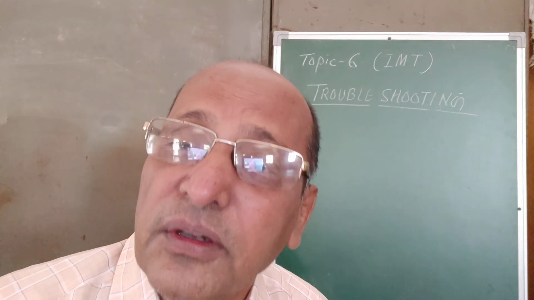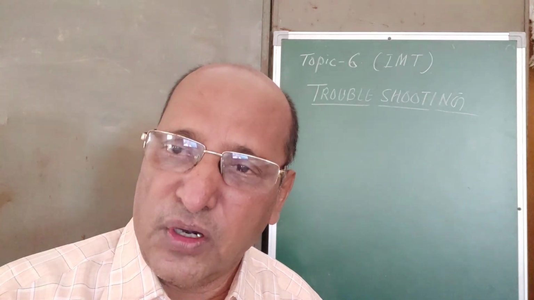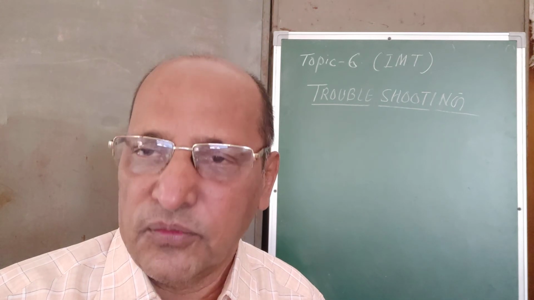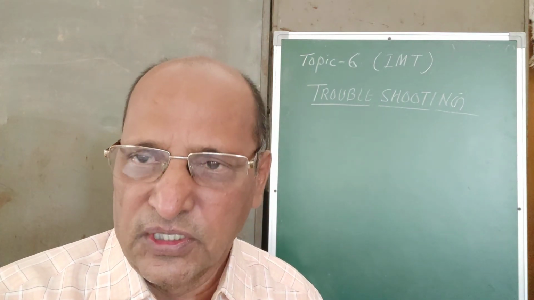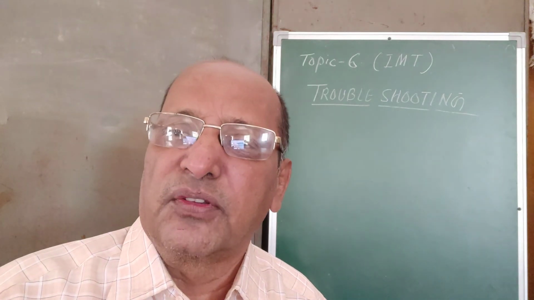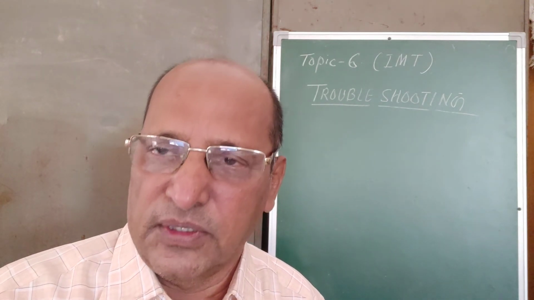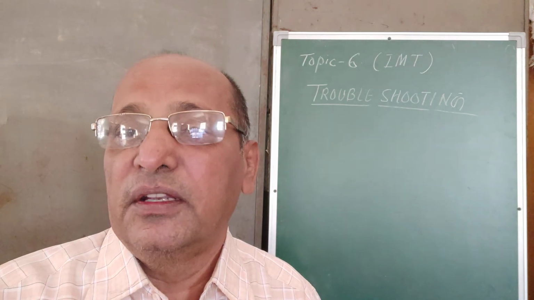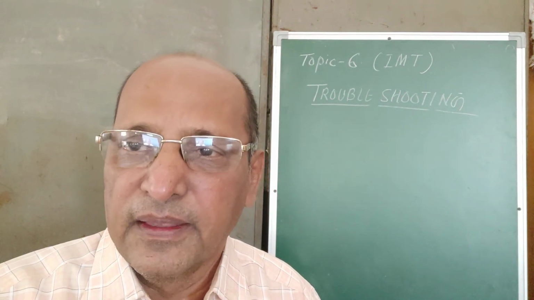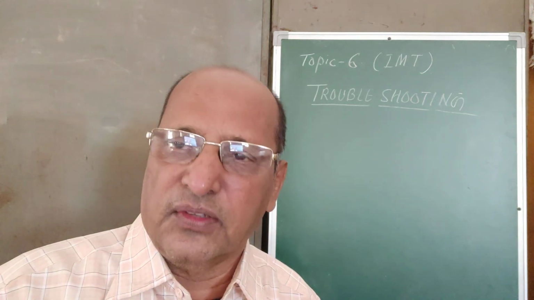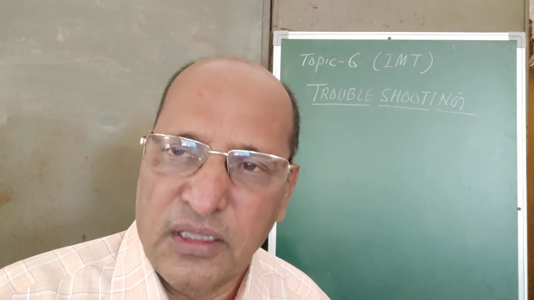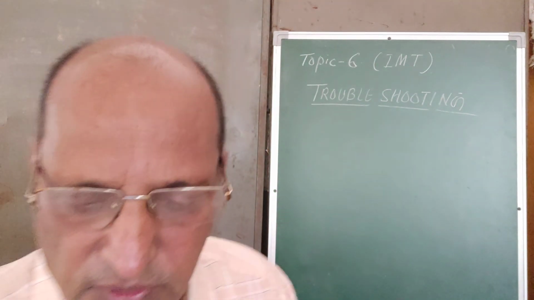Whatever I have given, according to that you understand the points, and you try to prepare the troubleshooting chart yourself by your own approach, because you now have sufficient knowledge about machines, switchgear and all types of equipment, because you have already studied all these in the previous courses, in your power system operation and protection and machines.